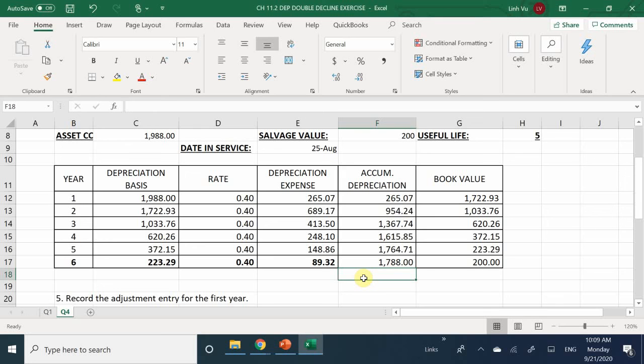To solve for the mystery number, we know the asset cost is $1988, and at the end of the day my book value needs to be 200. So I took my asset cost minus 200 to get 1788.